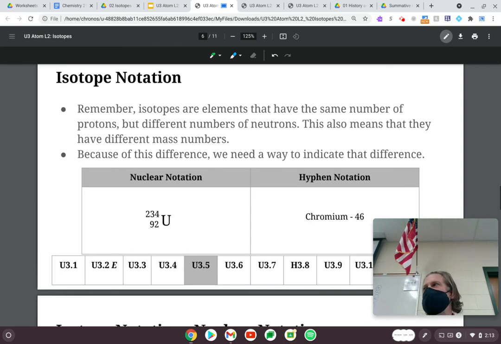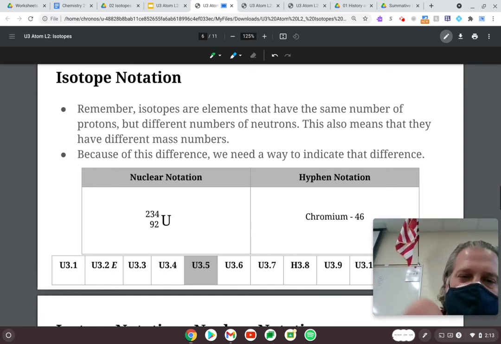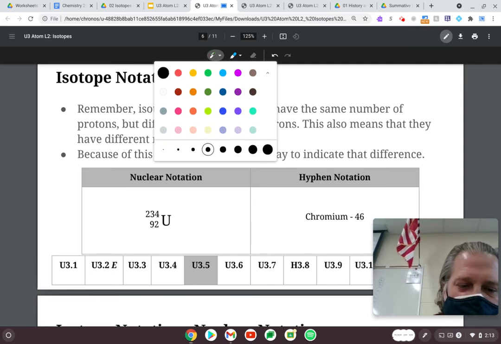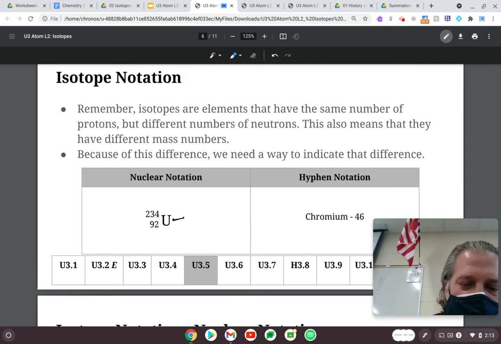So in this instance, I'm going to show you how we communicate the different types of isotopes of the atoms that we're working with. In the case of the nuclear notation over on the left-hand side, you can see that we have the element symbol.